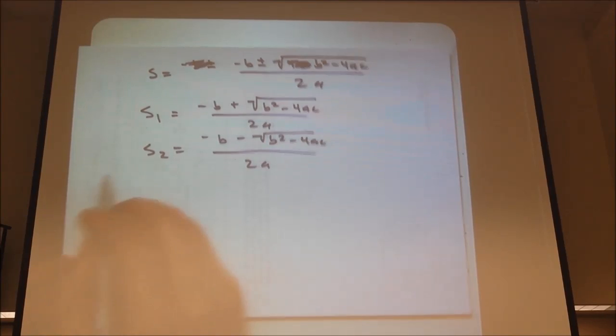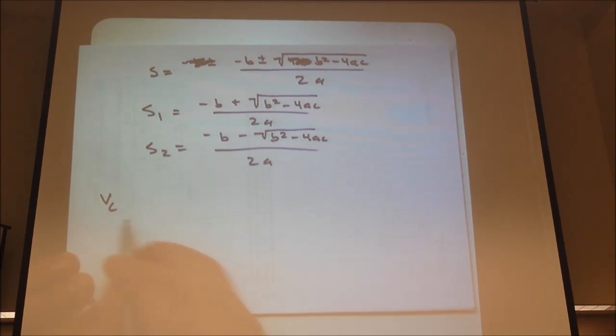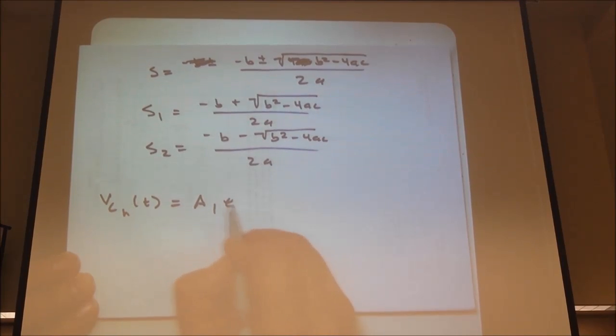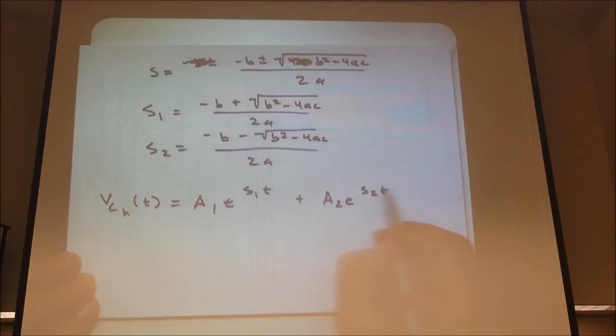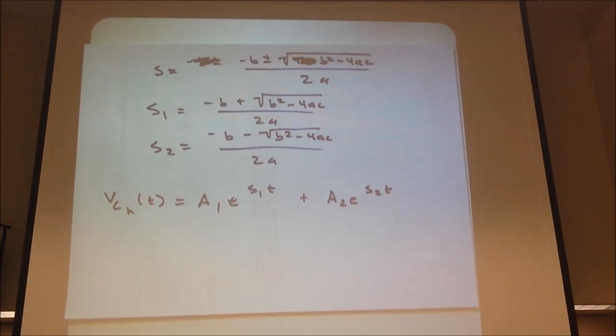And so our homogeneous solution is going to have two expressions: an A1 e to the S1t plus an A2 e to the S2t. Sort of. There will be an exception here, a special case.